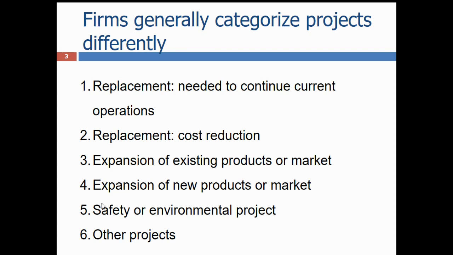So you're required to purchase or build an asset for a safety or environmental project. Sometimes manufacturing companies have a lot of pollutants, so they need certain assets in order to reduce the pollution.